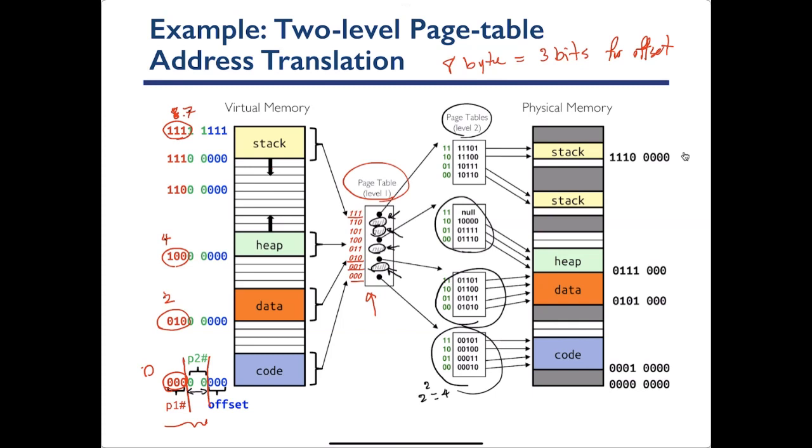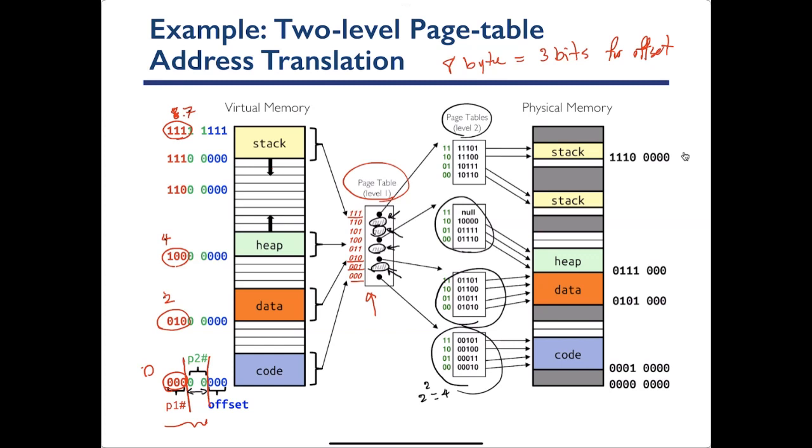You might need 20 bits, for example, for the physical page number. It will depend on the size of your physical memory, right? You might have 2 to 20 physical pages. Now, your page table entry should have at least 20 bits for this translation.